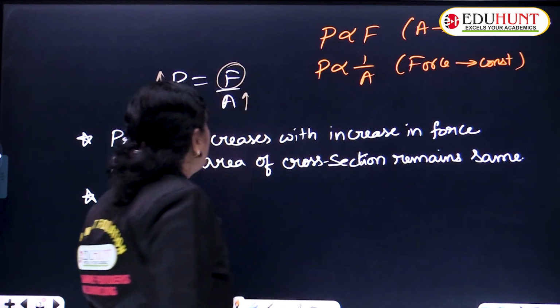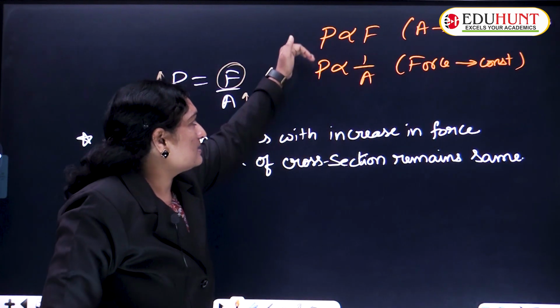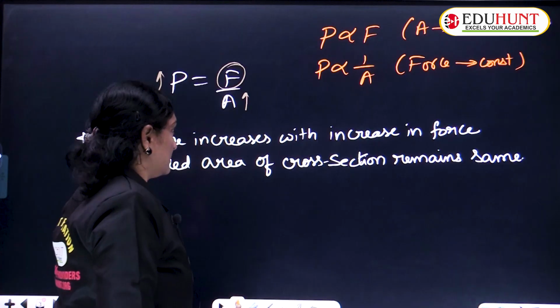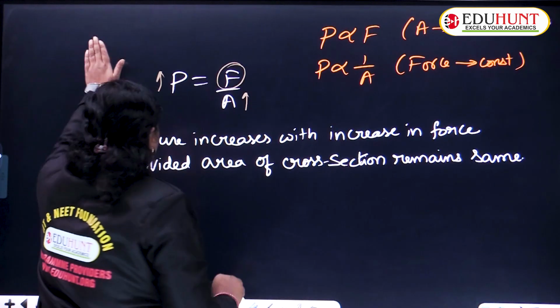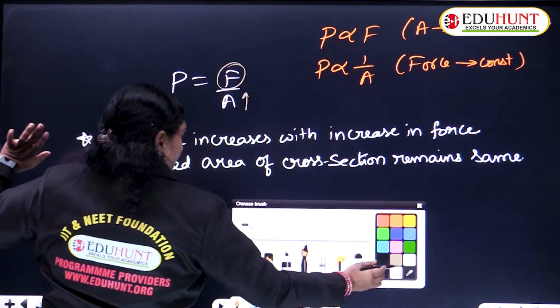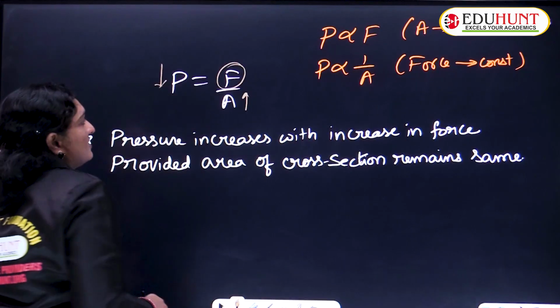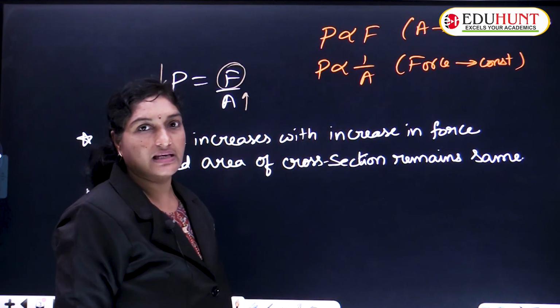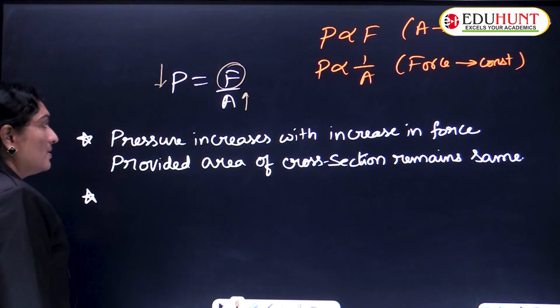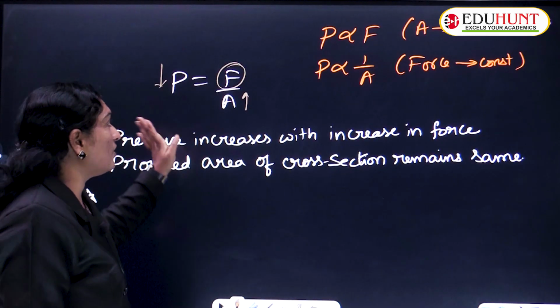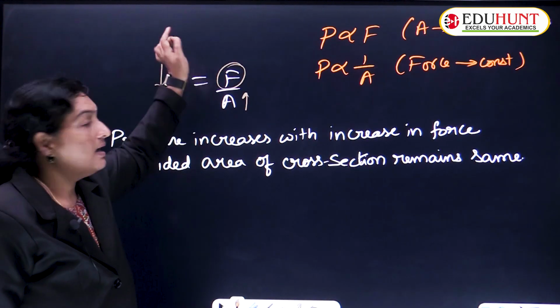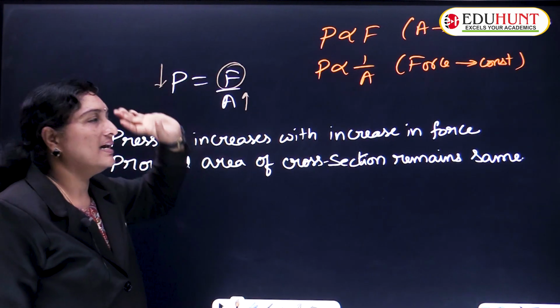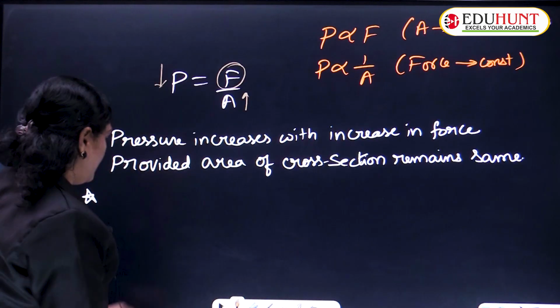So as area increases, the value of pressure decreases, because they are inversely proportional to each other. The lesser the area of cross section, the larger the pressure. The larger the area of cross section, the lesser the pressure. Let me write the same.